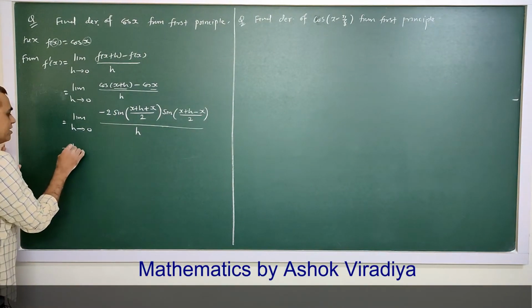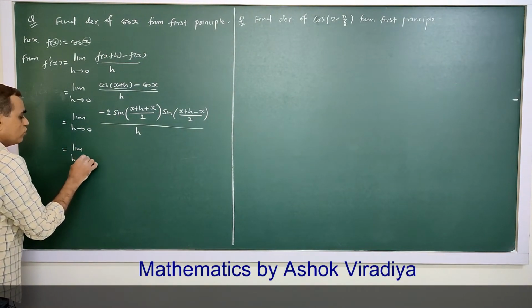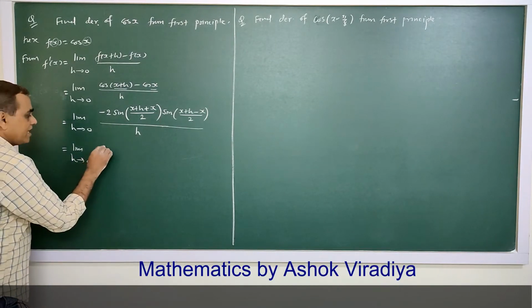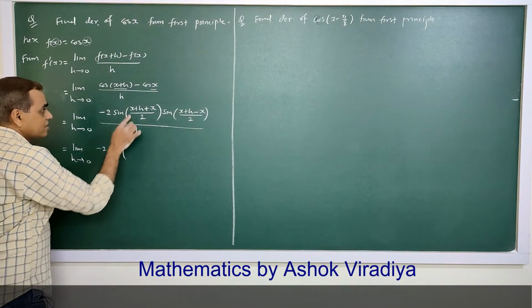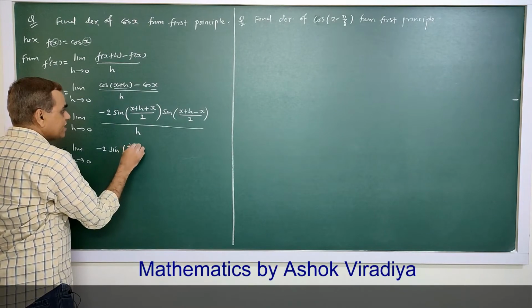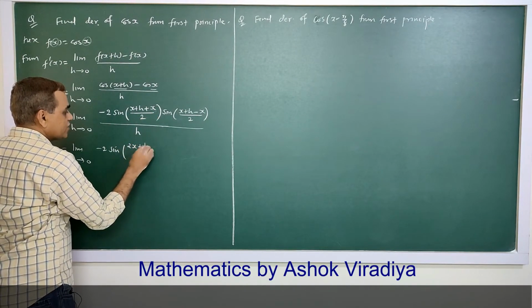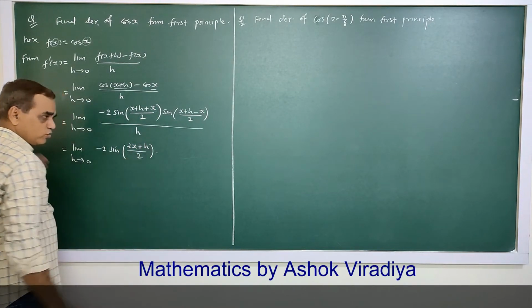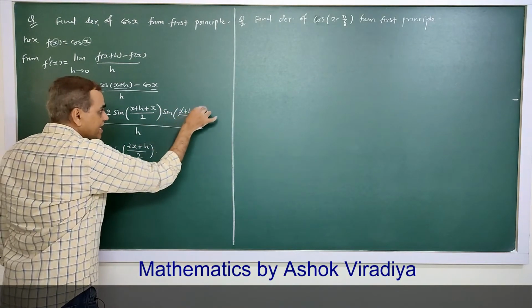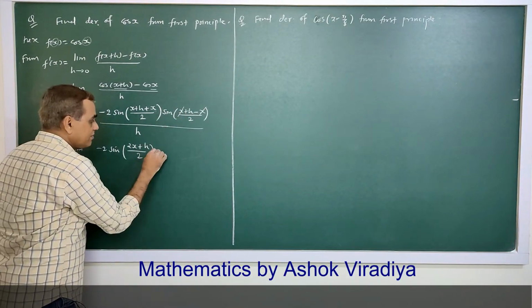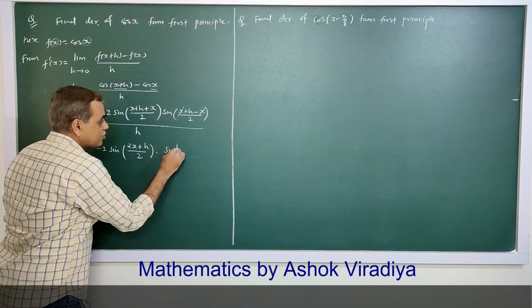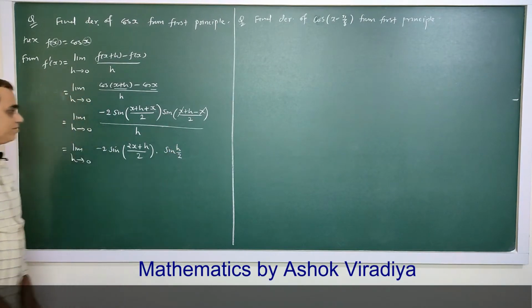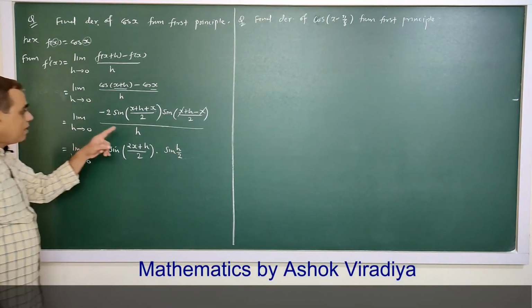So that is limit h tends to 0, minus 2 sin of (2x plus h) by 2 into, here x is cancelled, this will be sin h by 2, upon h.